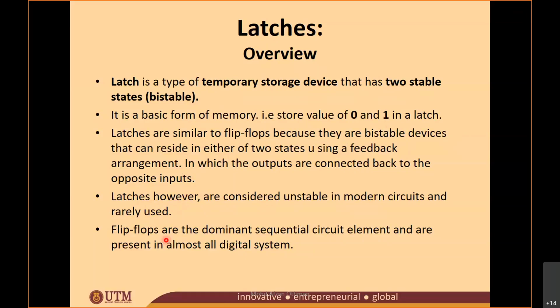Okay, so flip-flops are the dominant sequential circuit element and are present in almost all digital systems. Tapi even though the latch is unstable and rarely used, kita masih lagi kena belajar fundamental of latch, kerana daripada latch lah flip-flop terbentuk.